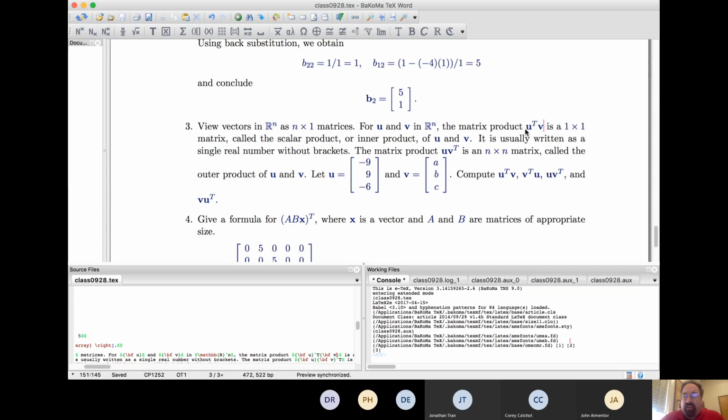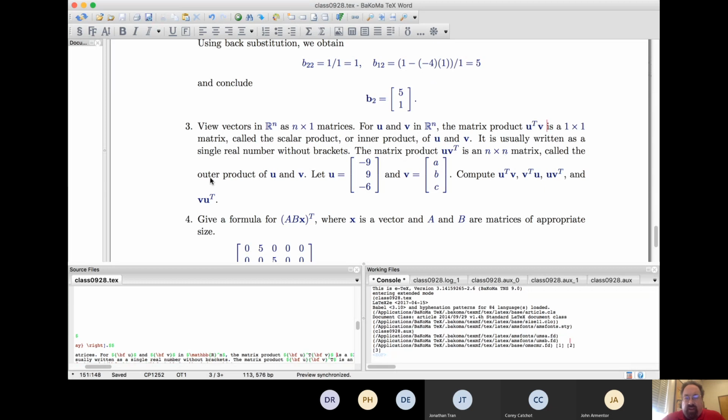So it's just a number, because when you're multiplying two matrices, u transpose is 1 by n and v is n by 1. So n is a common dimension in the middle, and the result is going to be 1 by 1, because u transpose has one row and v has only one column. On the other hand, if you take the outer product, so instead of u transpose v it's u v transpose, that is a matrix.